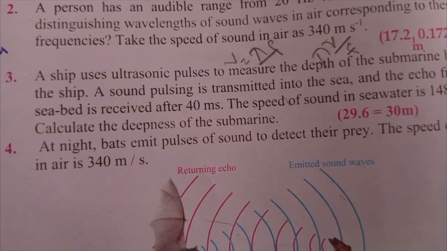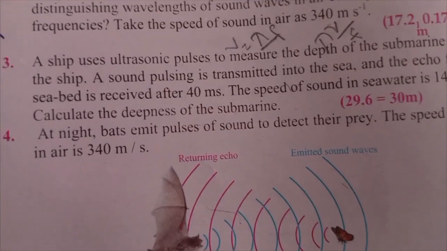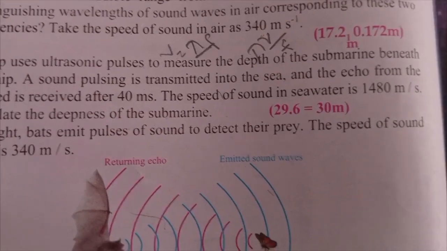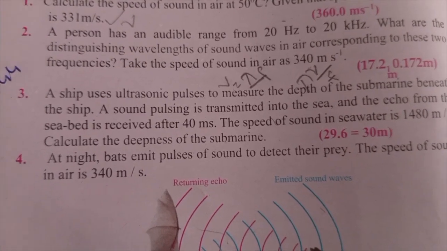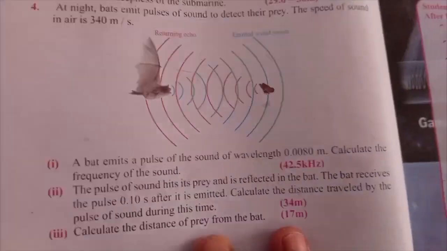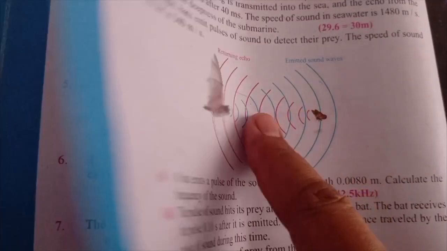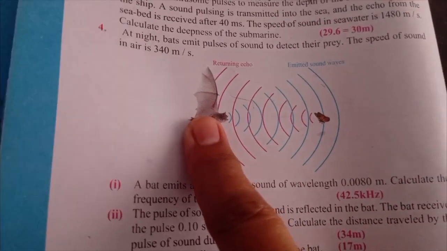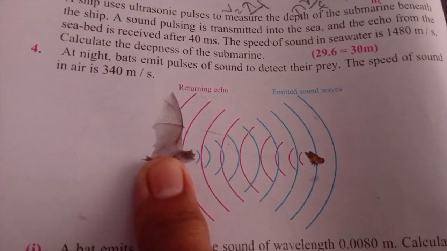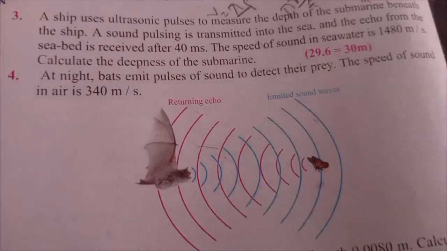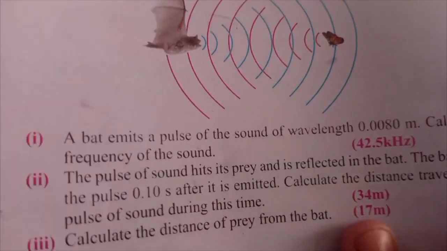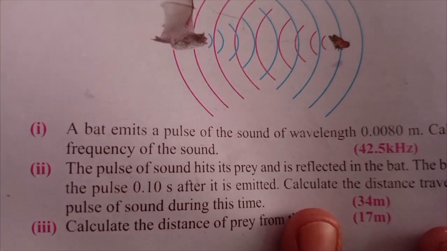At night, bats emit pulses of sound to detect their prey. The speed of sound in air is 340 meters per second. So you have to find out the answers. This is the picture that you are looking at here. The bat is there, and at night these pulses of sound are emitted, and we have to find out the answers. We'll calculate the numerical in parts.